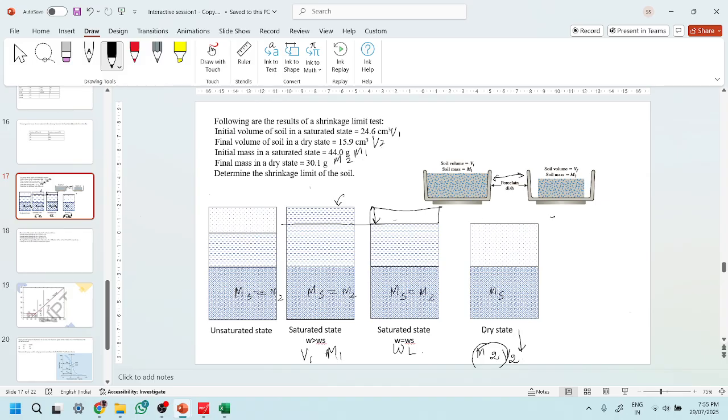Water content here will be the total weight M1 minus M2, the weight of solids.